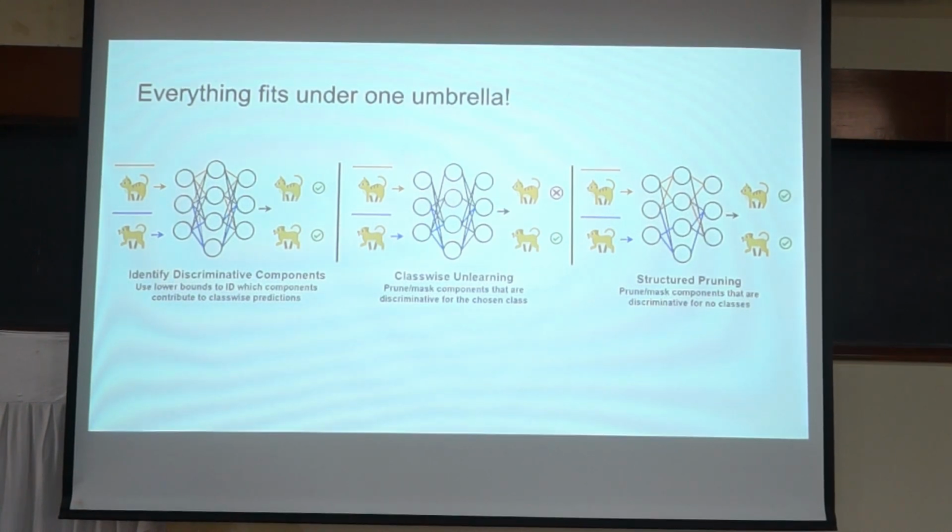Versus a neuron which can discriminate, which can say for cat it's very high and for dogs it is not, right? The second one has a discriminative ability. So now I have to forget dog. I have to remove that particular unit. So that's the notion of discriminative component, and we'll elaborate this in the coming few slides.